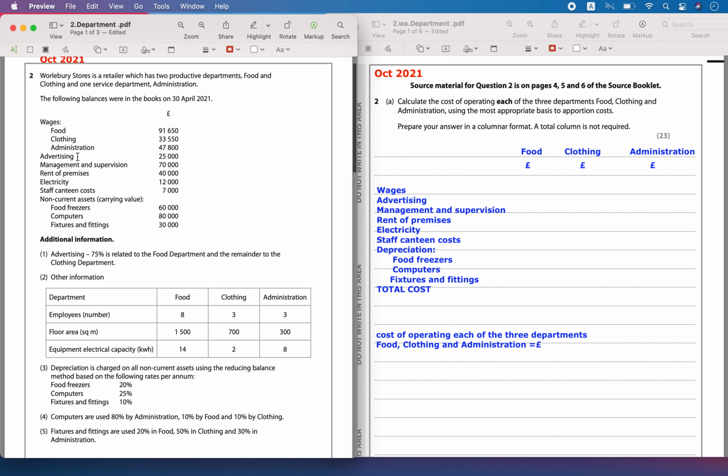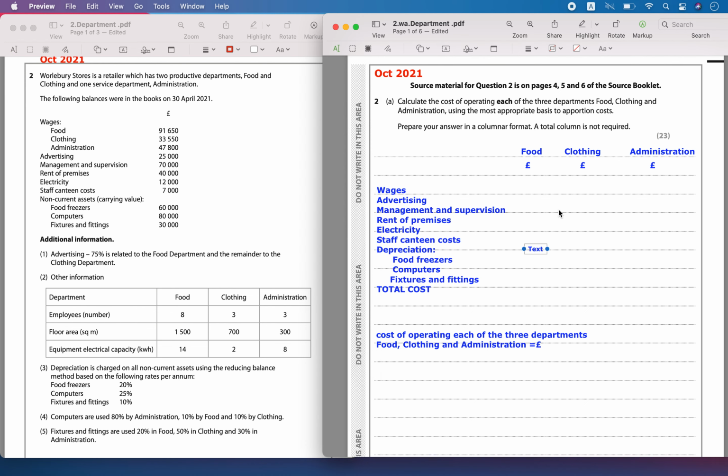So the first step is to put all the overhead expenses. I have written them here in the same order. First one is the wages, and they have already been allocated, so the allocated costs are written just like that.